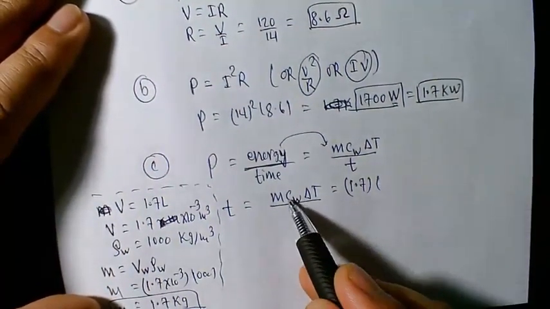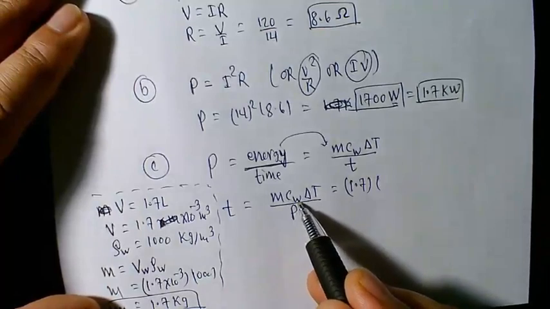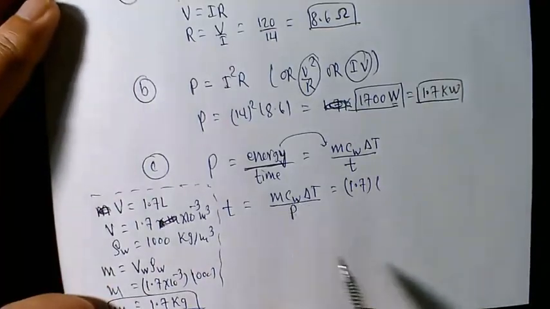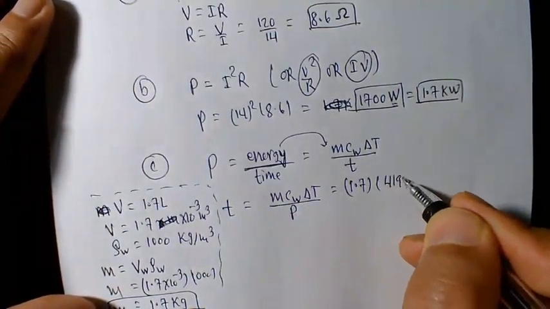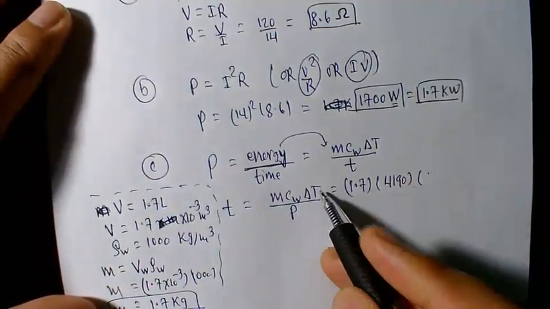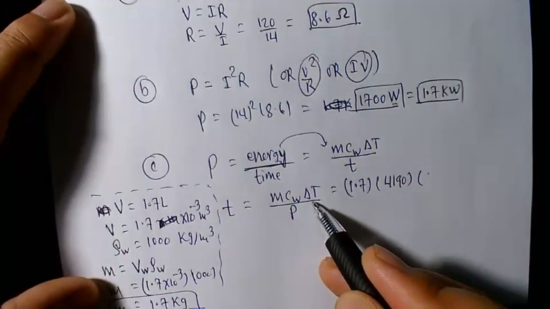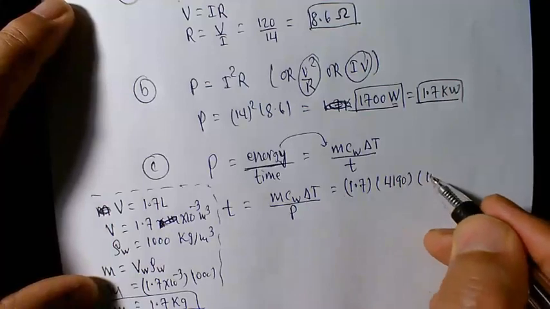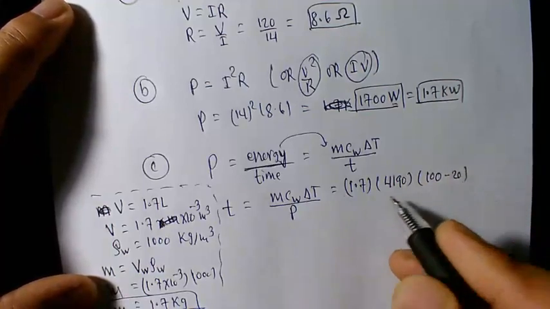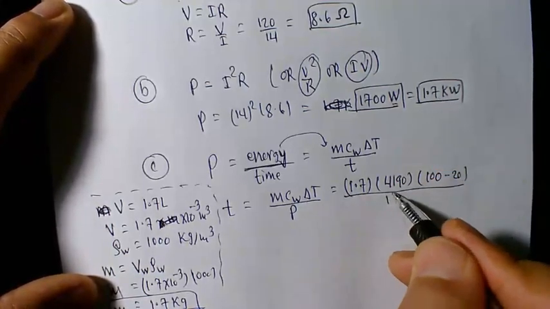And what is this c_w? This c_w from calorimetry is the specific heat capacity of water, which is 4190 from the list. Change in temperature, you don't need to convert to Kelvin because you are calculating the change in degrees Celsius. So it's 100 minus 20, final minus initial. Divided by power, 1700.